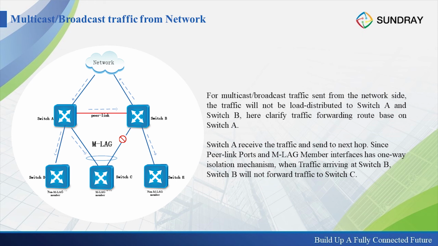Because the peer link exists, it will also send the multicast traffic to switch B. After switch B gets the traffic from the peer link, it won't send it to the MLAG member, because of the one-way isolation mechanism.